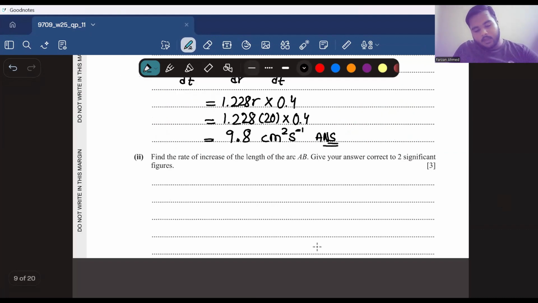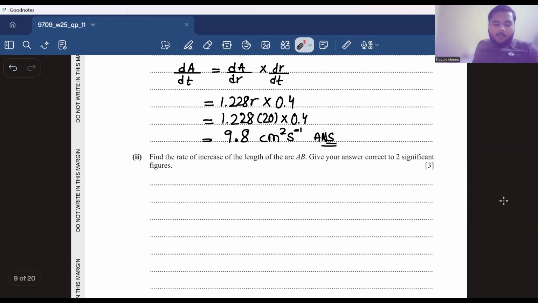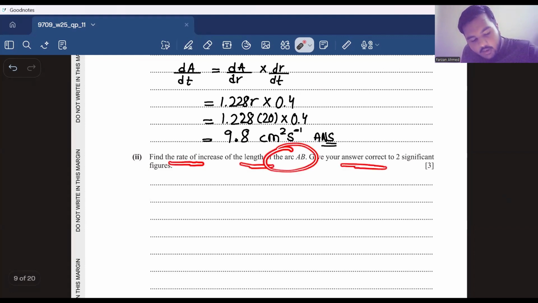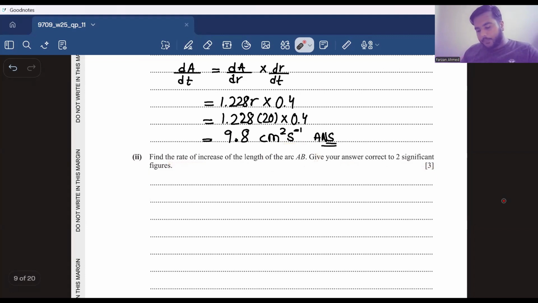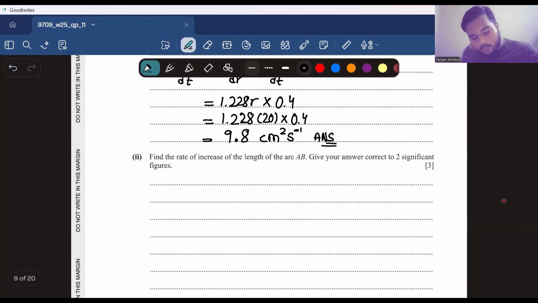Now, in part B, part 2, they are saying find the rate of increase of the length of arc AB, and give the answer in two significant figures. For this, we have to find dl over dt.